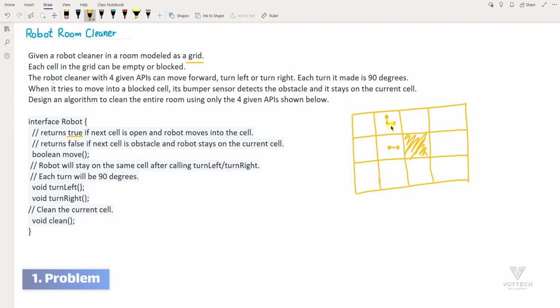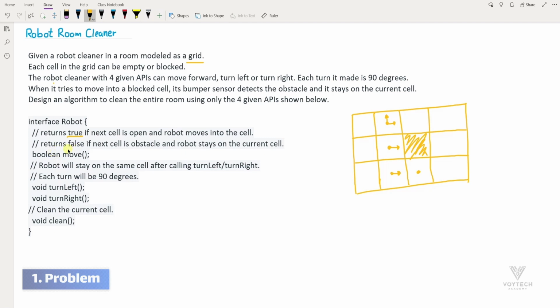So for example, the robot is here, and this is the direction. The move method will return true if the next cell is empty, which means the robot can move there. And when I call move, it returns true, and the robot will be there on the next call.